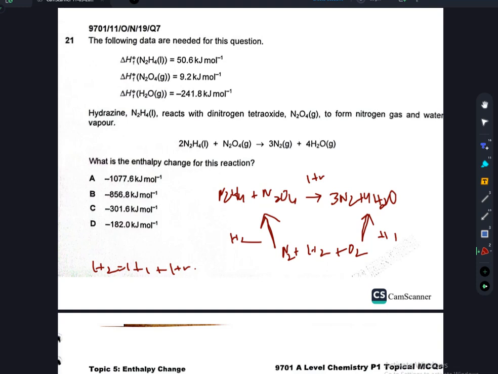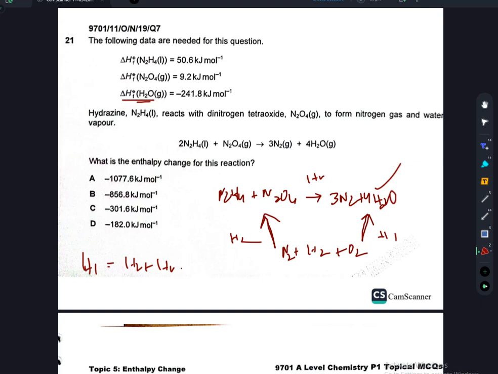So there has been a small error. The vector addition is something like H1. No, it is H1 is equal to H2 plus HR. So for H1 we have got 4 hydrogens being formed. Formation of H2O is minus 241.8.